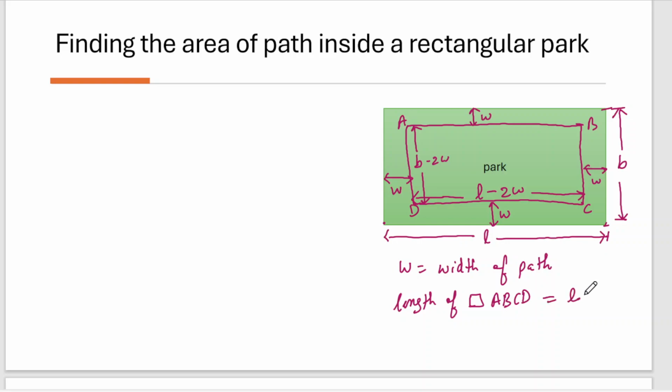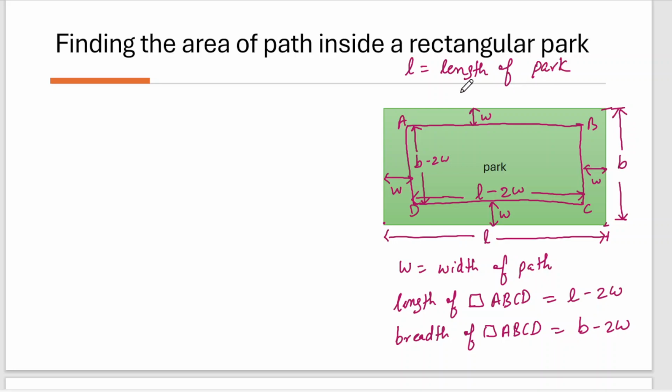This we have calculated: L minus 2W, and the breadth of rectangle ABCD is, sorry, B minus 2W. Okay, remember this, L is the length of the park and B is the breadth of the park.